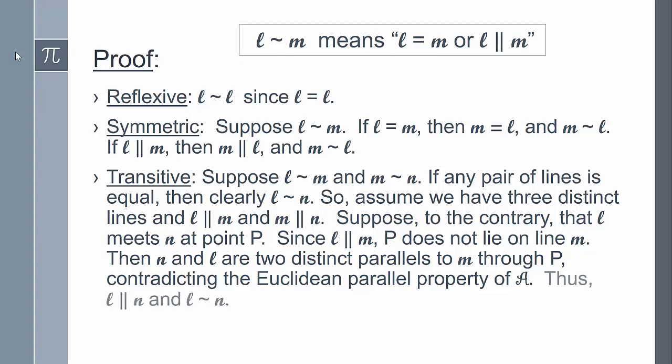So we can conclude that L is parallel to N, and that finishes transitivity. We know now that L is related to N.